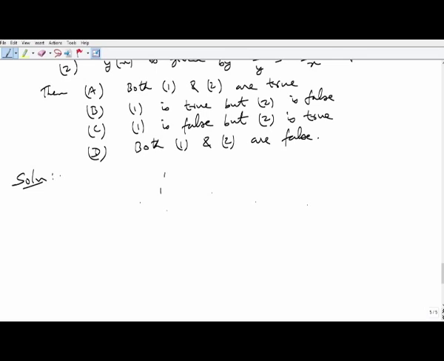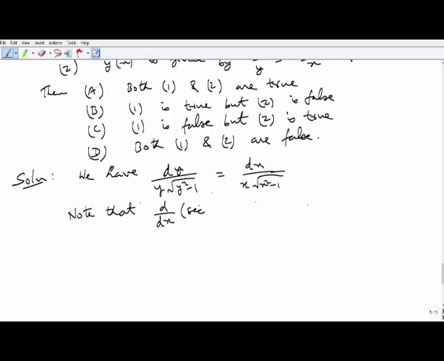Solution, what we are given is dy by y times square root of y square minus 1 is equal to dx divided by x times square root of x square minus 1. So, if you note that we know that the derivative d by dx of secant inverse x is equal to 1 by mod x times square root of x square minus 1.